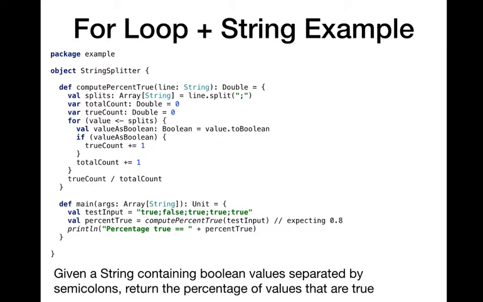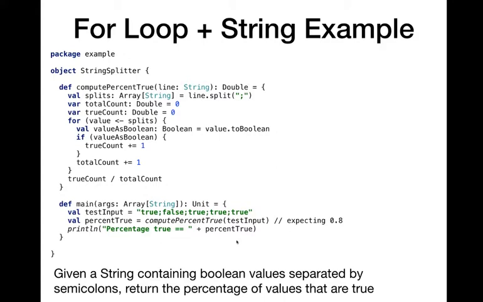So let's combine some of those, and yes, I know this is going fast. I expect you to really learn this stuff during the lecture questions. So I know this is going fast, but let's start combining those topics that we've just seen and have a little example where I start with a string, which will be various true or false values separated by semicolons. What I want to do here is compute the percentage of true-false values that are true.